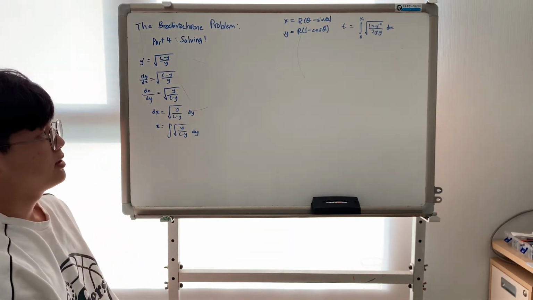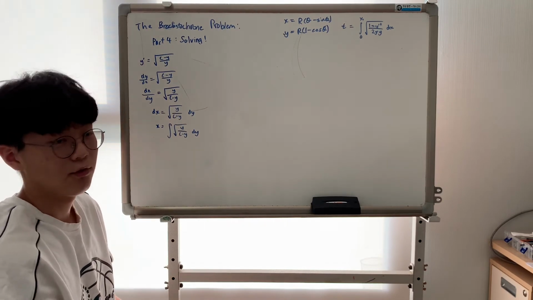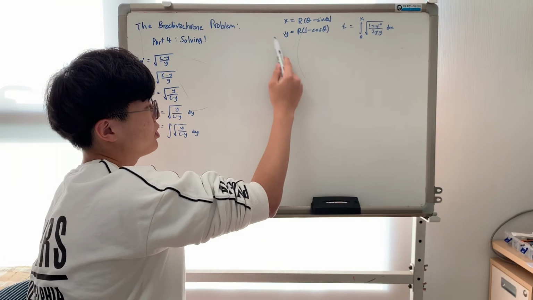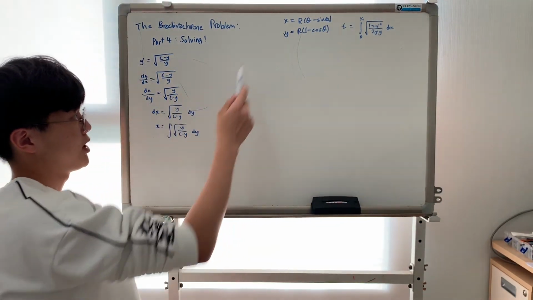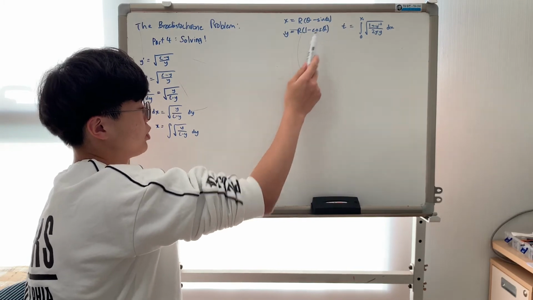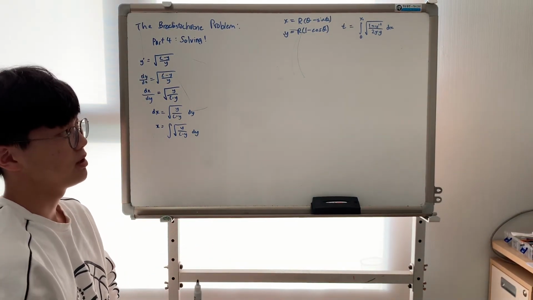We could say then that the answer to the Brachistochrone problem is indeed in the form of a cycloid.